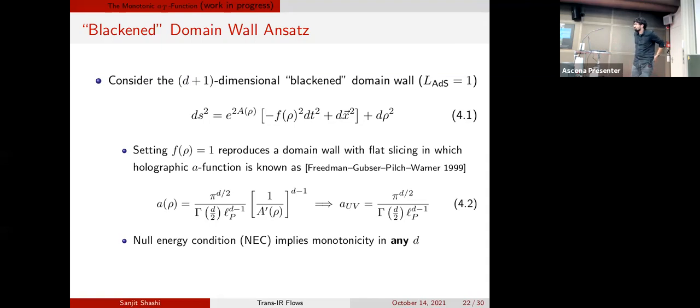Maybe part of the answer to my question is your equation 4.2. It looks like a quantitative relationship between a(rho), which I think you might be computing on the CFT side, and capital A(rho), which is the scale factor in the metric. Can you compute little a(rho) from the CFT? Yeah, so first of all, this little a(rho) that's written here is for flows that don't have any change in the signature.